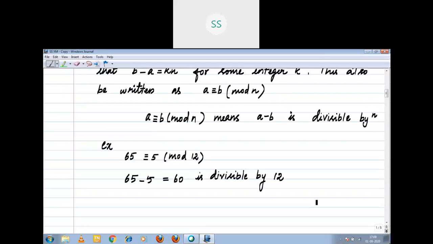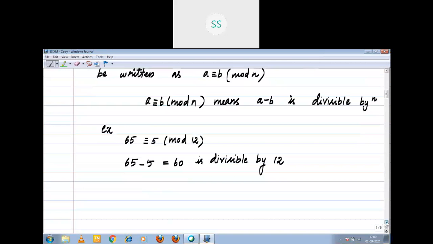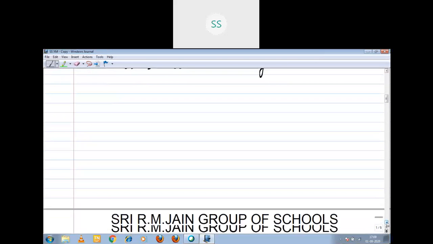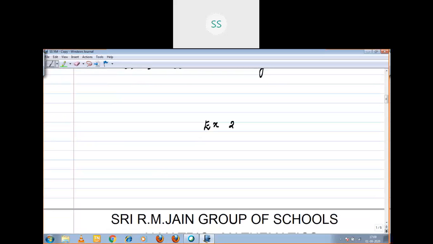Now I am going to move to the exercise. Got it children? This only we are going to use and find the solution of exercise 2.3, question number 1. Find the least positive value of x such that, first subdivision, 71 congruent to x modulo 8.